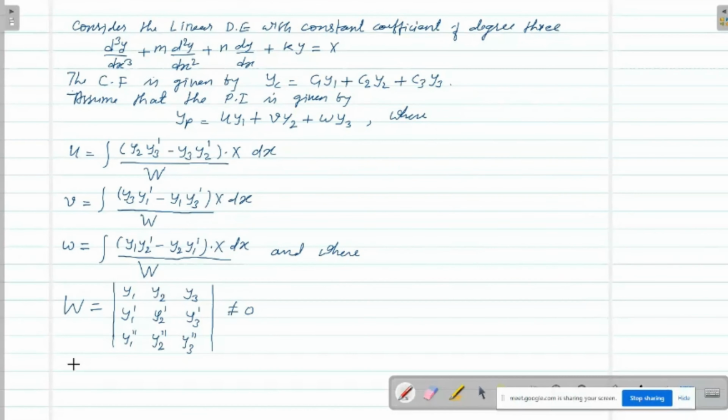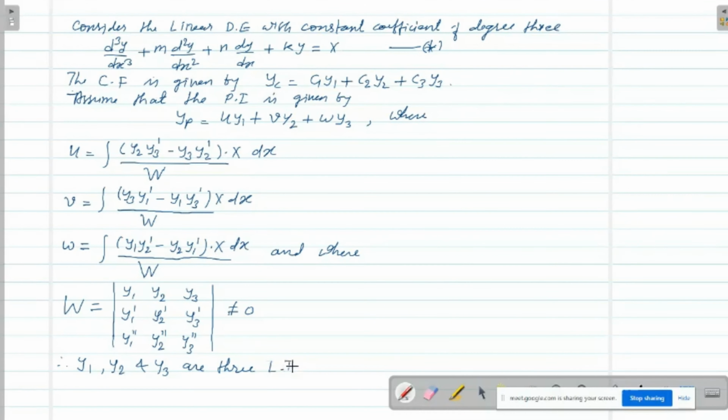Then you can say that y1, y2 and y3 are three linearly independent solutions of the given differential equation, star.